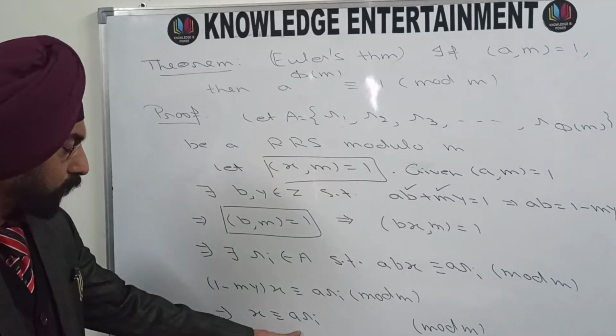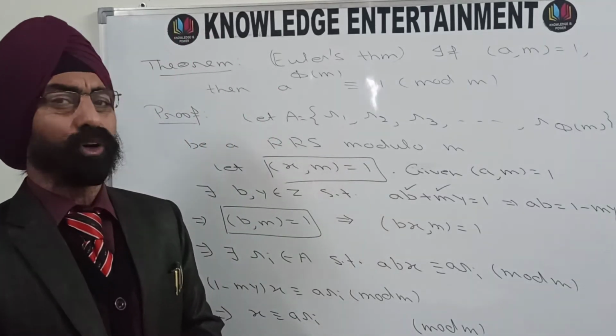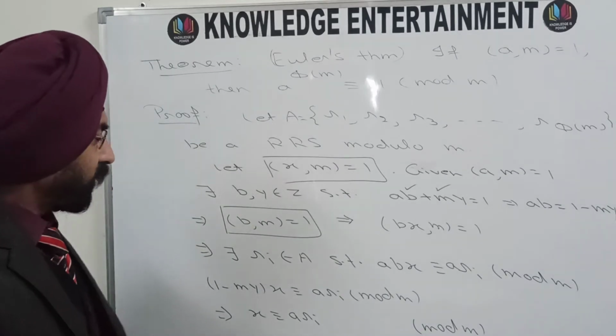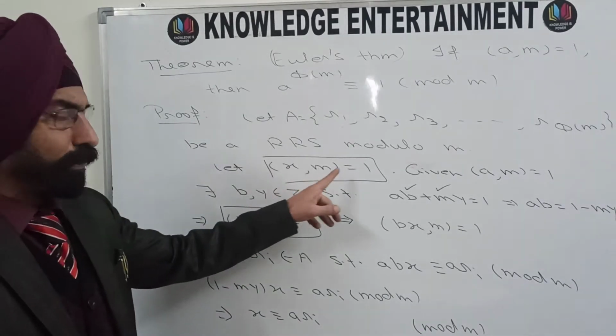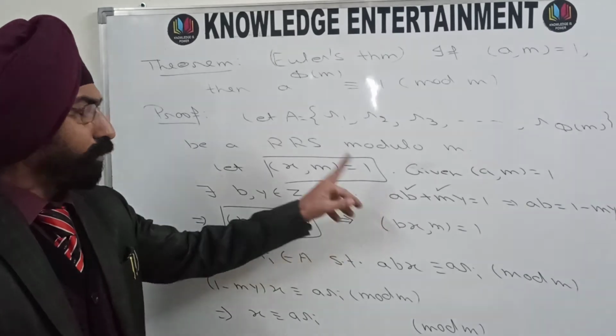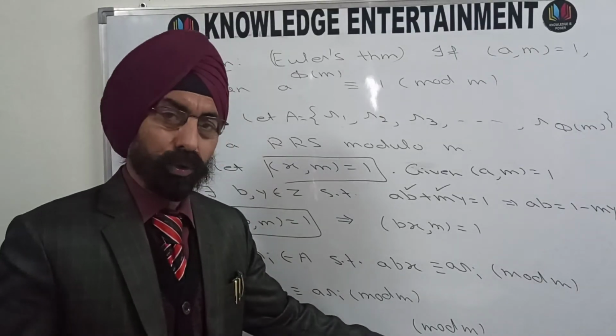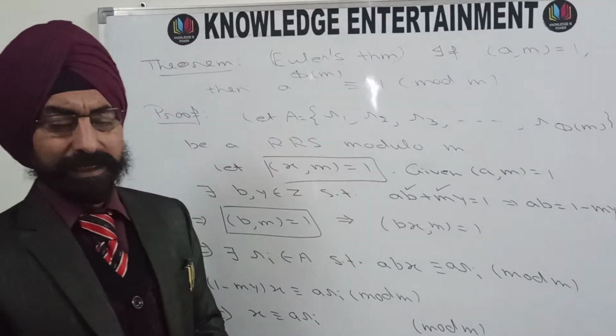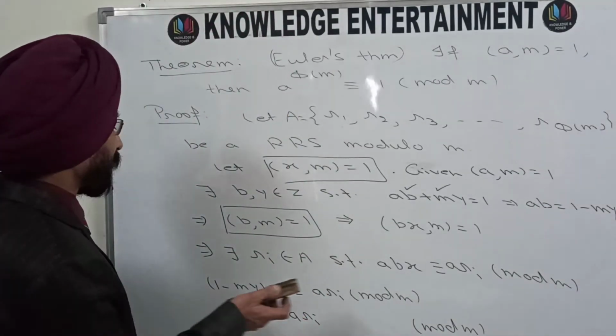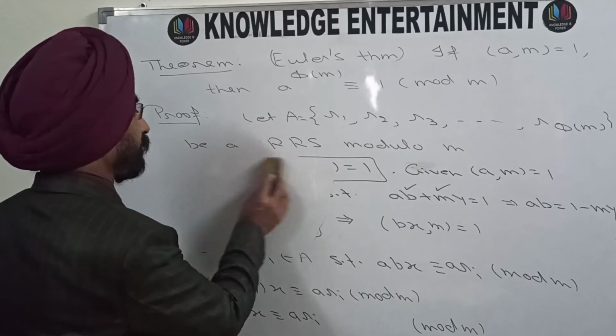So x is congruent to a·r_i modulo m, and that is what we wanted, because we have taken x co-prime to m, and from the set B we have obtained one member which is congruent to x modulo m, and this makes the set B a reduced residue system modulo m.